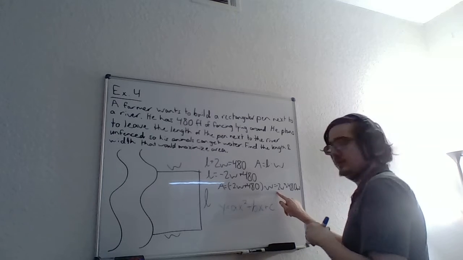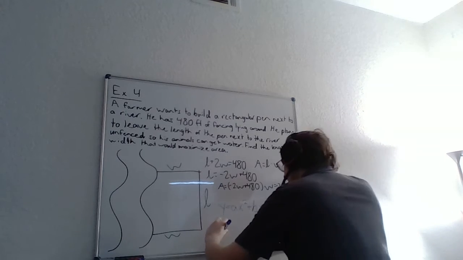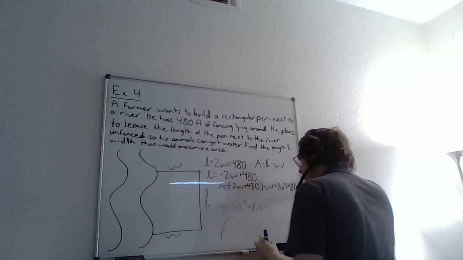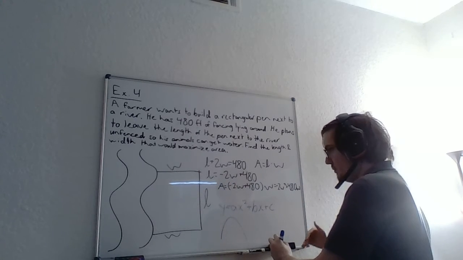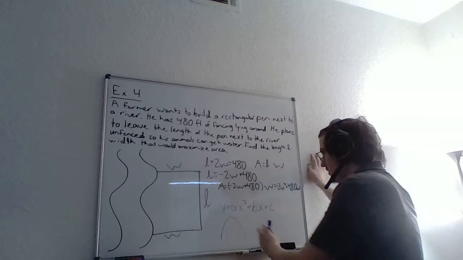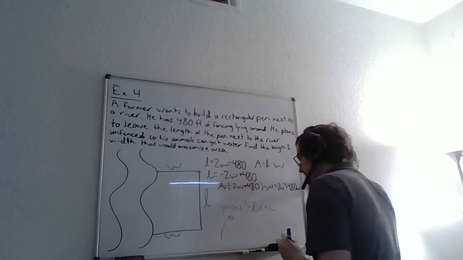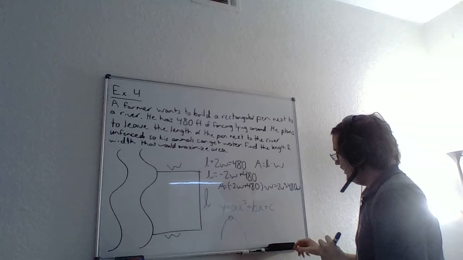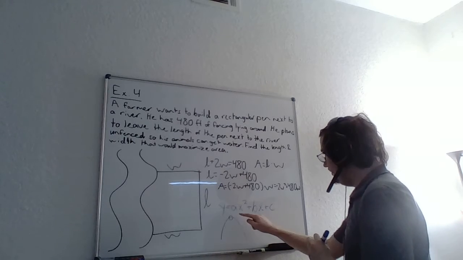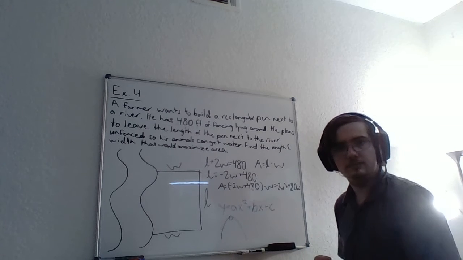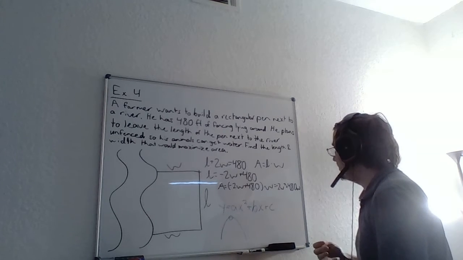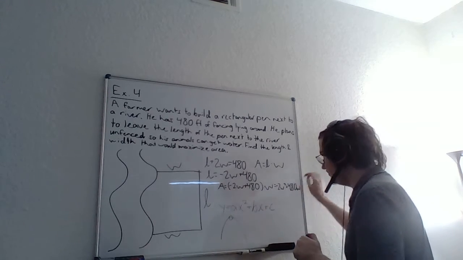Now because we start with a negative 2, what that means is this is a downward facing parabola. And the maximum of a parabola is at the vertex. Right? So, if we find the vertex of a parabola, then that'll give us our maximum. And in this case, this is going to give us the maximum area value.